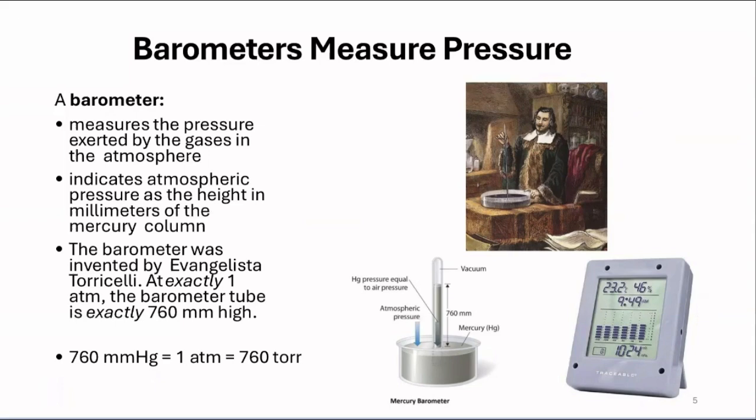Also, millimeters of mercury is a unit for pressure. Additionally, 1 atmosphere also equals 760 torr, which is another unit for pressure. As you can observe, there are conversion factors that can be utilized to convert from one unit to the next when it comes to pressure.